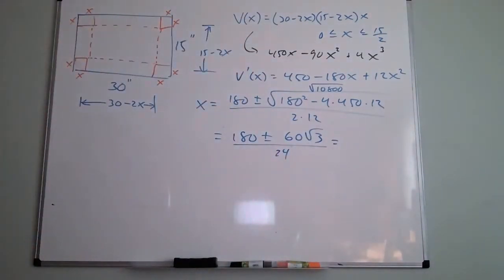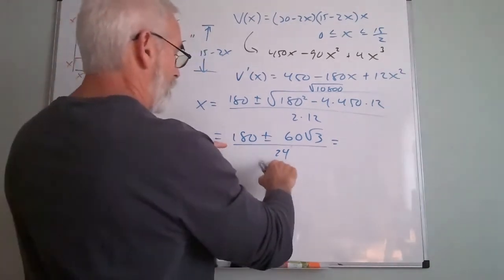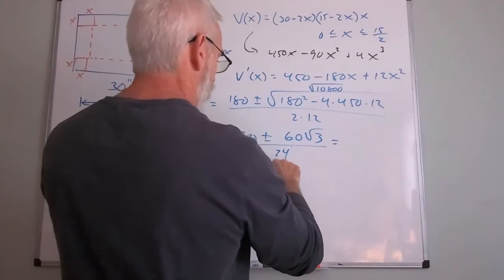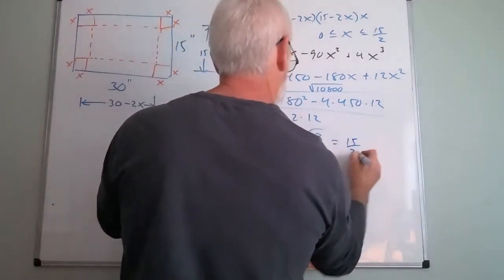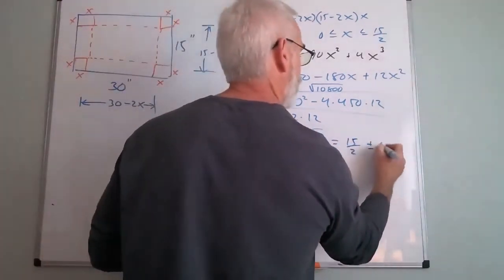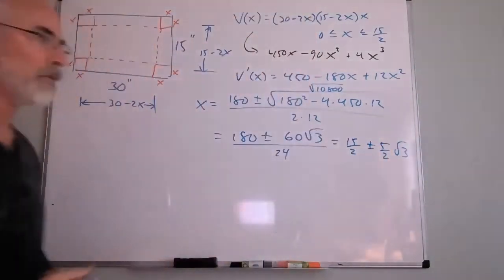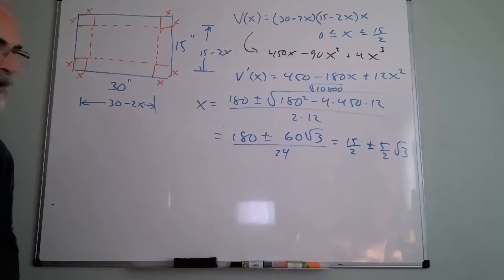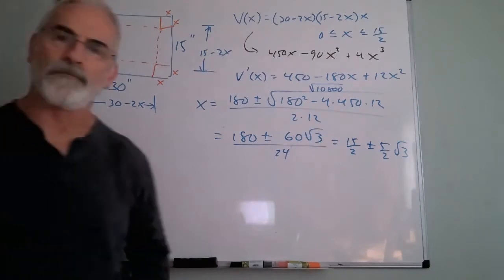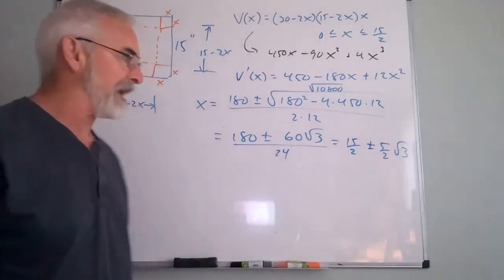Now, just make sure everything else there looks beautiful. Okay. So when I do this, that's going to be 15 halves plus or minus 5 halves root 3. Now I got two roots and I'm pretty sure they're both positive, but are they both going to be answers?